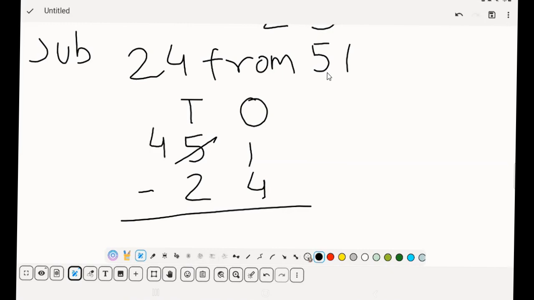And this 1 becomes 11 because we added 10 to the number. So it's simply 1 plus 10, it will become 11. Now we got the number 11, which is higher than 4. We can subtract it easily. Okay, so we have to subtract 4 from 11. Now we need to draw 11 lines.